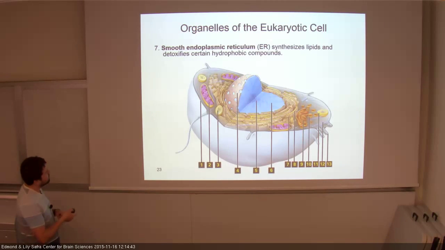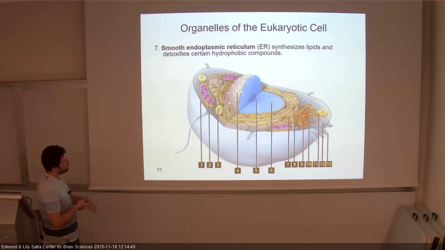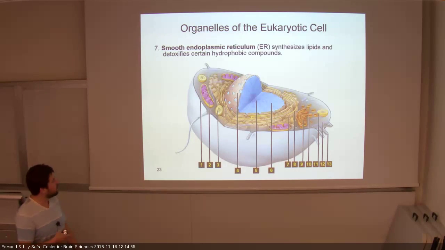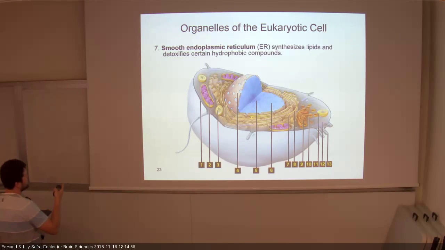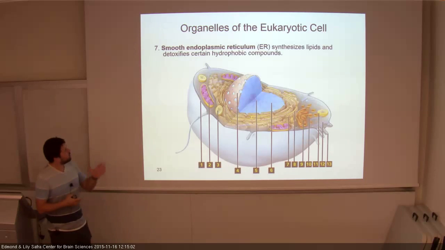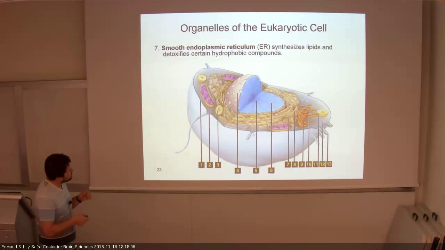Like I said before, the endoplasmic reticulum buds off and is part of the external membrane of the nucleus. Here they made a separation between two types of endoplasmic reticulum. You have a smooth endoplasmic reticulum, which doesn't have these spots on it.